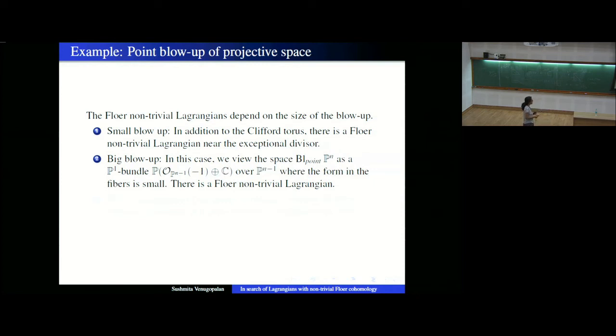And the fibers are small. By small, I mean the symplectic form on the fibers is much smaller compared to the symplectic form on the base. So the Floer non-trivial Lagrangian here is given by something in the middle. Here there is only one Floer non-trivial Lagrangian, and the disks are as follows. There are two small disks incident to those two divisors. These are in the fiber direction, and two large disks in the base direction, which are incident to two other toric divisors.